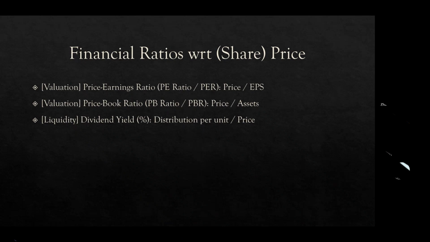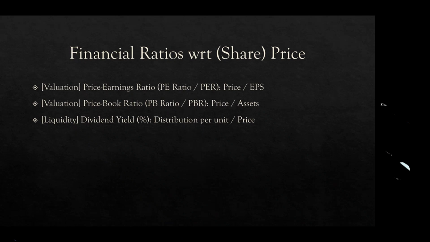But typically, this price to book ratio, we usually use in industries that are related to hardware. That means properties, I would use PB. REITs, I will use PB. Anything that involves huge capex, I will use price to book ratio.